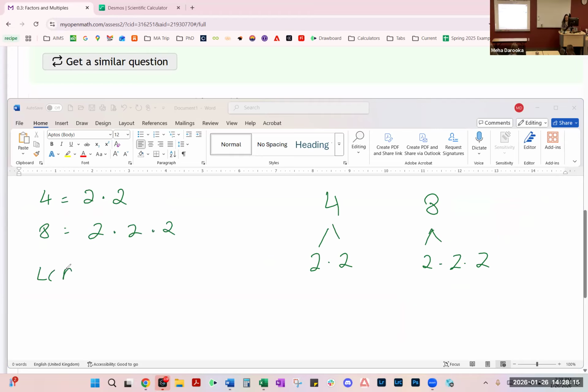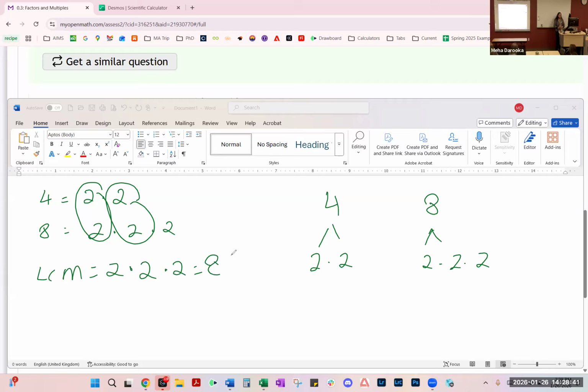Now when you find your least common multiple, you would have 2 of these that are common, so you take those 2 that are common and then whatever is left behind. And it makes sense, right? That the 8 would be the least common multiple because 4 can be divided into 8, and 8 into 8 is 1. So the ones that are grouped up, you just write them once. Once, yeah. Okay, very good. I'm glad you asked that.